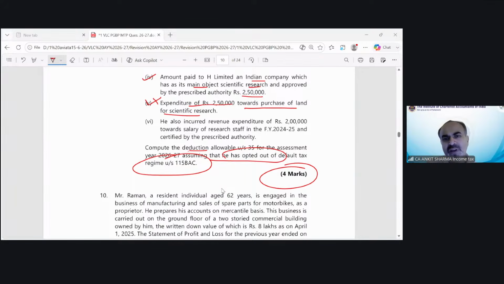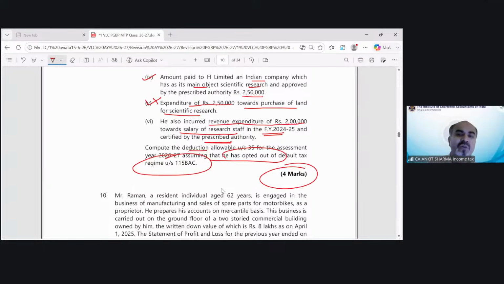Point number 6. He also incurred revenue expenditure of rupees 2 lakh towards salary of research staff in financial year 24-25, certified by the prescribed authority. This is a 4 marks question. Imagine. What should be the answer of point number 6? Whether it should be allowed or disallowed.